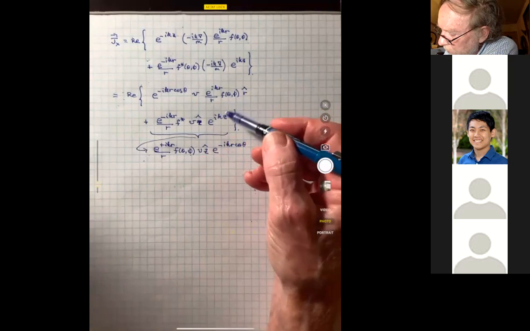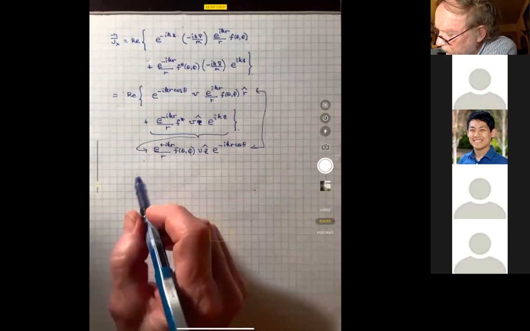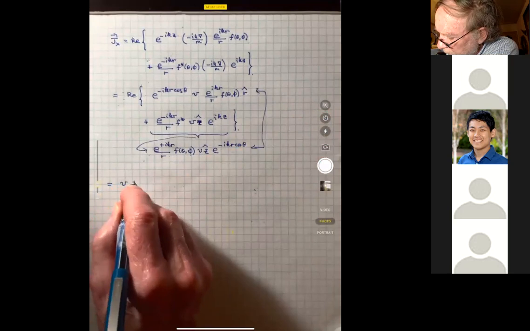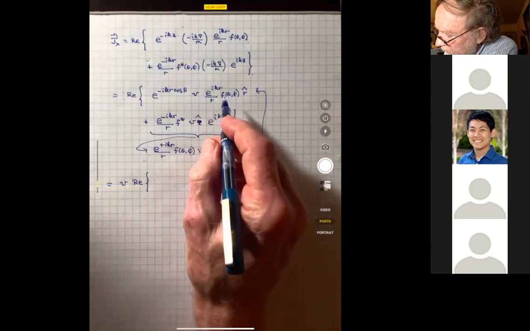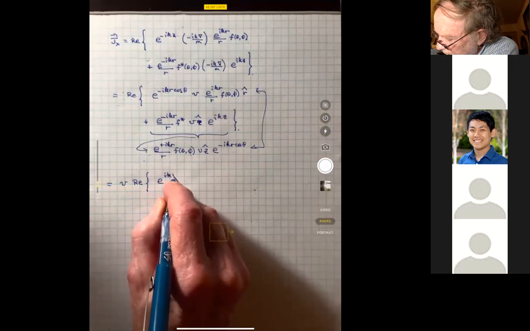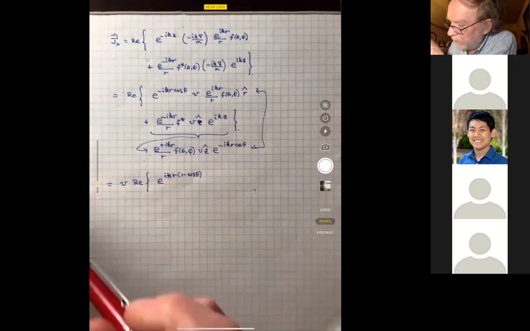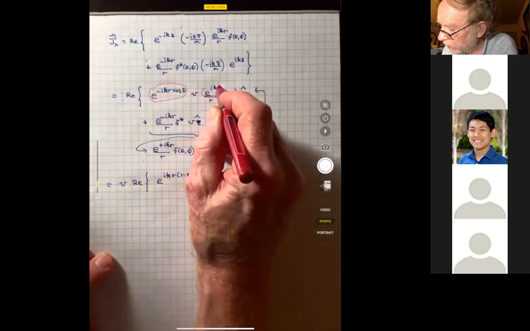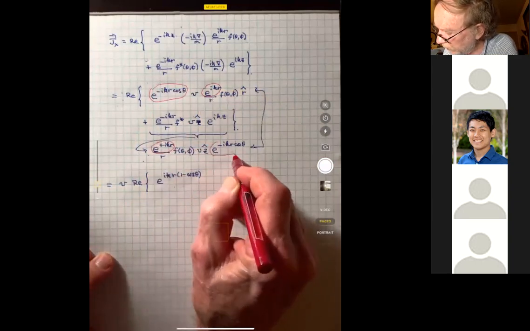If I do that, then these two terms now are the two terms in question. They have a lot of factors in common. The velocity v is real, so I'll bring it out. So it's v times the real part of what? We have a common factor of e to the ikr times 1 minus cosine theta. It comes from here and here in the first term, and it comes from there and there in the second term.